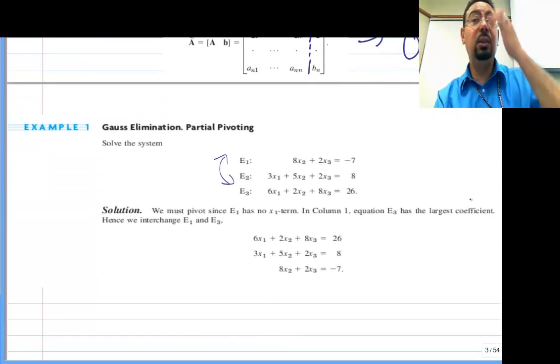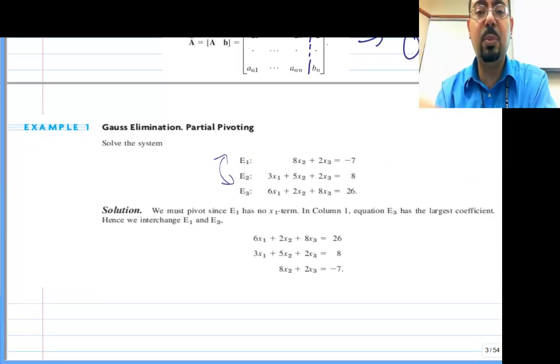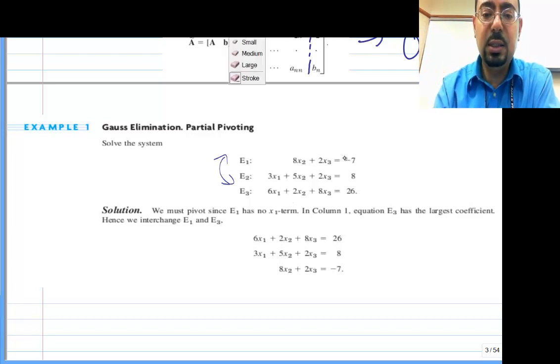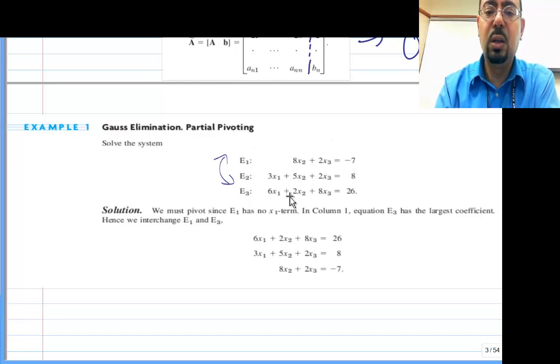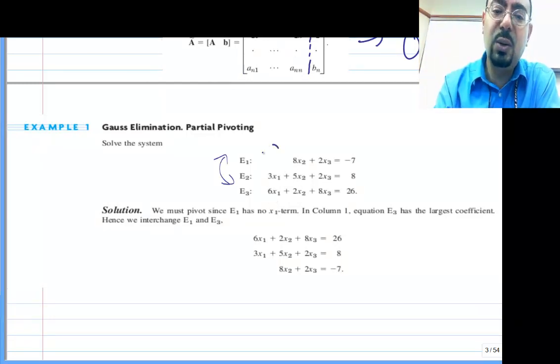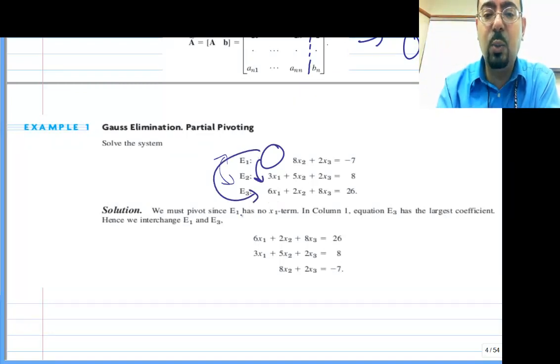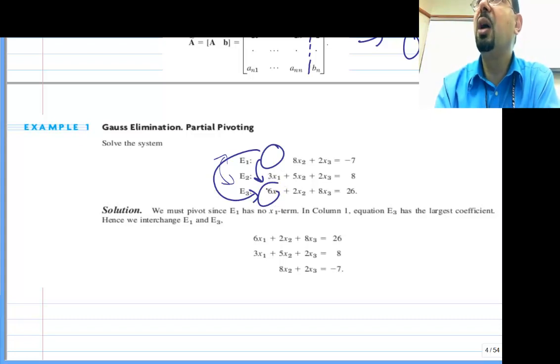So the computer and you should both start that step, and both of you should say, this doesn't work here, right? Why cannot we start getting zeros underneath? Because the first one is 0. So you should look at those entries and ask, where is the biggest number? 6 is bigger than 0, so I'll put it up there.